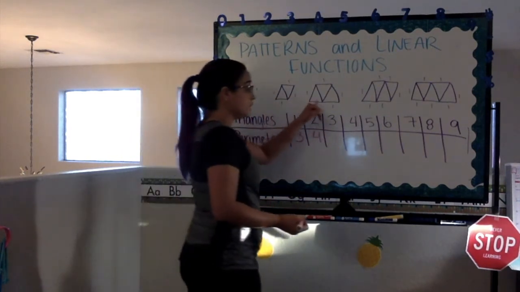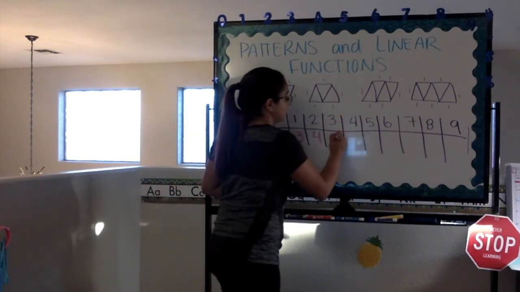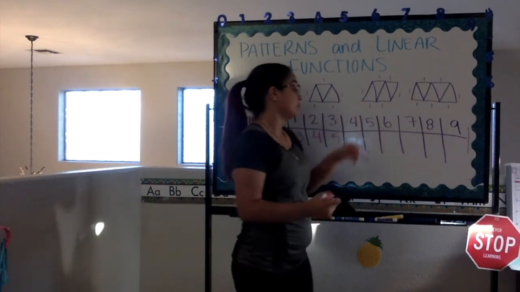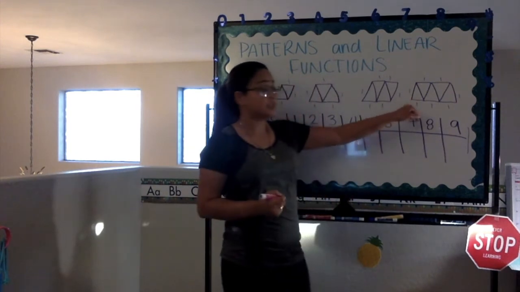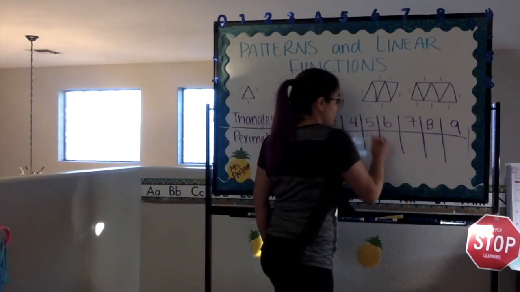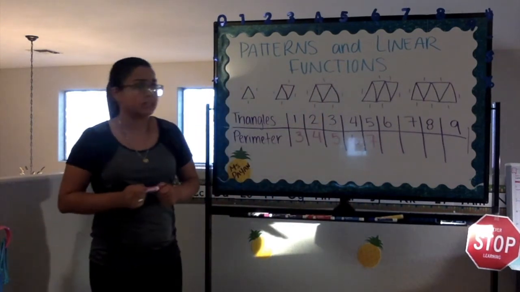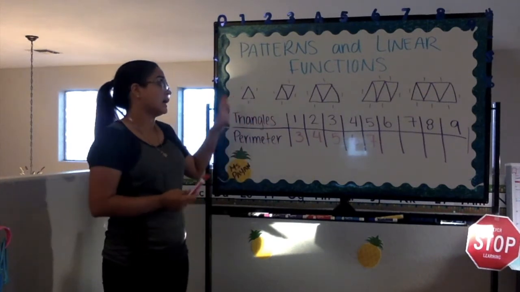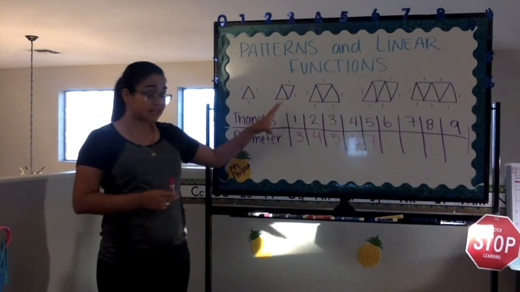For 3 triangles, we have a perimeter of 5, as you can see here. For 4 triangles, we have a perimeter of 6. For 5 triangles, we have a perimeter of 7. Now, that was simple, right? You see how I drew my triangles. You see how I counted the perimeter on each set.